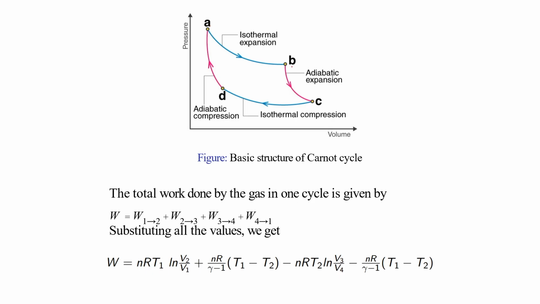You can see that from A to B volume increases, and from B to C this is also an expansion process, so again volume increases. The pink colors are for the adiabatic process and blue for the isothermal process. Here temperature remains constant, while in adiabatic expansion the temperature decreases.